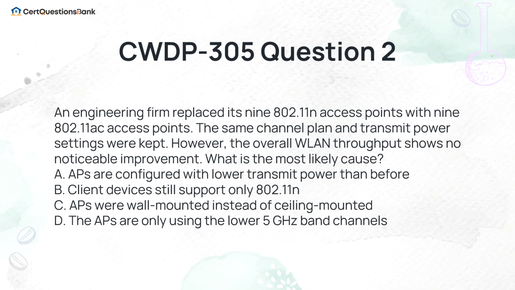A. APs are configured with lower transmit power than before. B. Client devices still support only 802.11n. C. APs were wall-mounted instead of ceiling-mounted. D. The APs are only using the lower 5 GHz band channels.